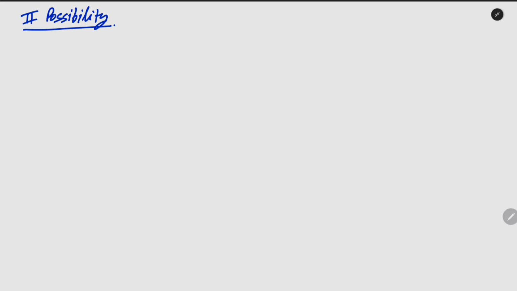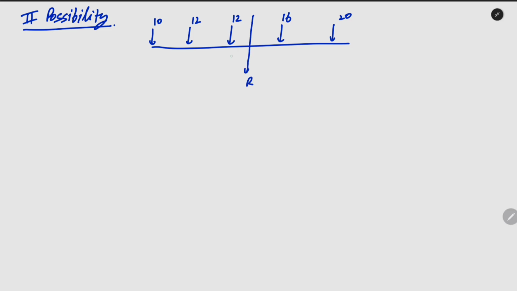So the second possibility will be in such a way: these are the loadings, this is 10, then 12, then again 12, then 16, and then 20. So this is our resultant. This distance is 1.17 and this distance is 3.83.